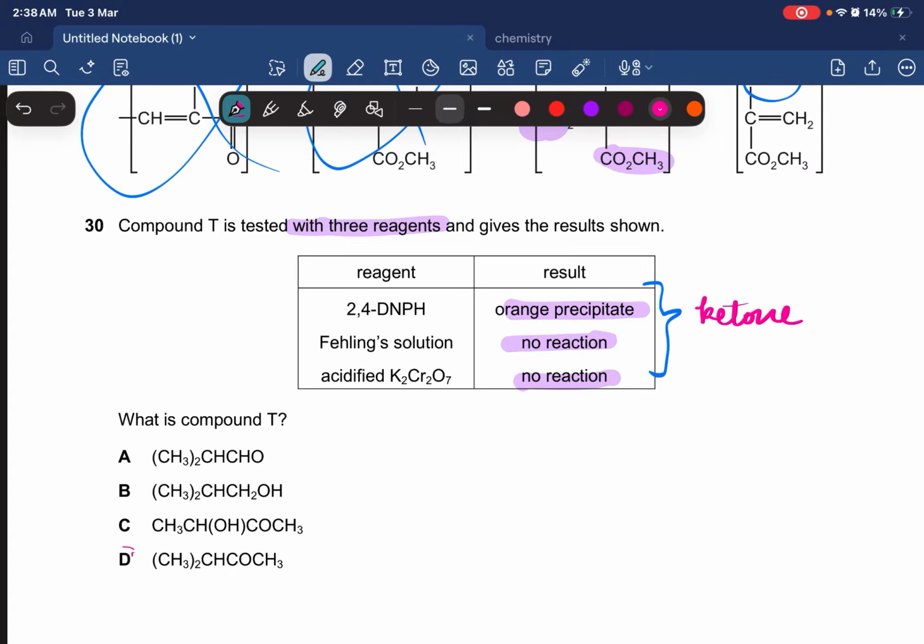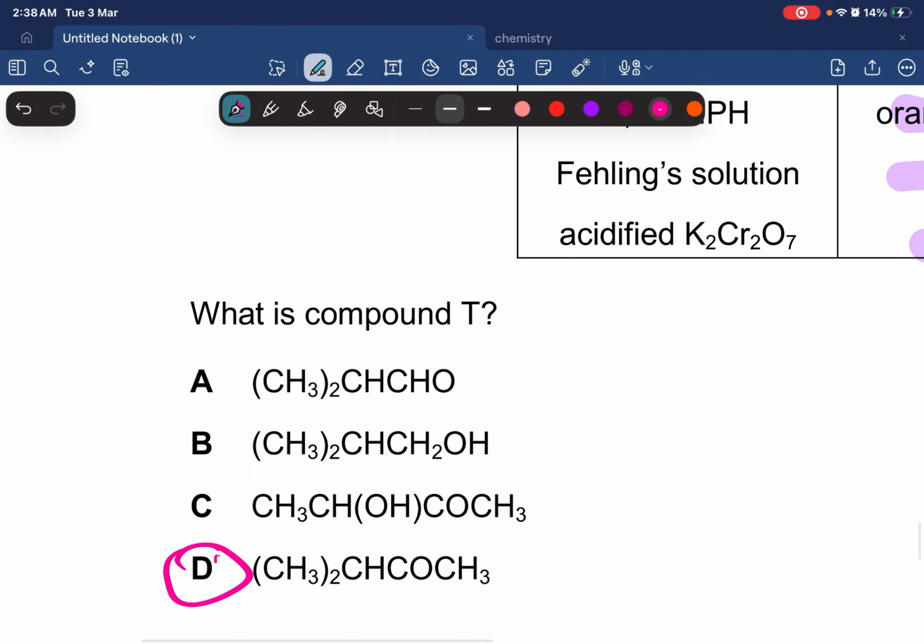Well, I just see them and I know this is a ketone because I can see a carbon double bonded to oxygen in the center. Over here, I can see it with an OH. Well, that's not a functional group. Let me draw C as well.